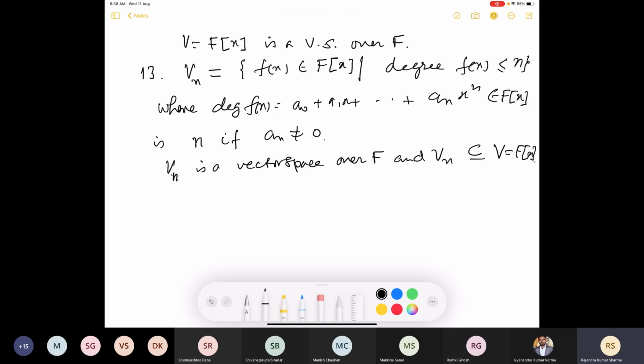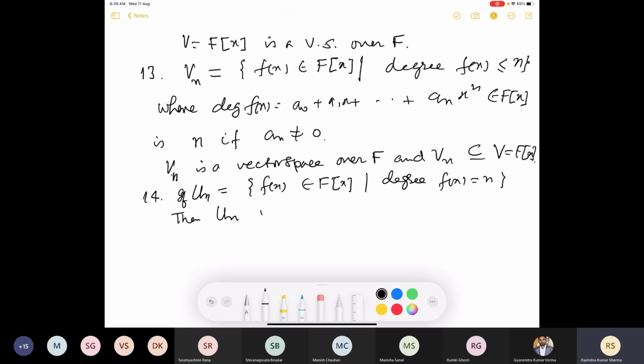However, if you take Un to denote the set of all polynomials in F[x] such that the degree of f(x) is exactly equal to n, then Un is not a vector space. By the way, the degree of the zero polynomial, where each coefficient is 0, is not defined.